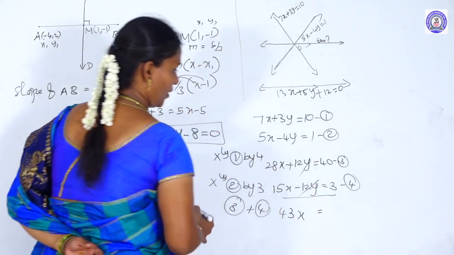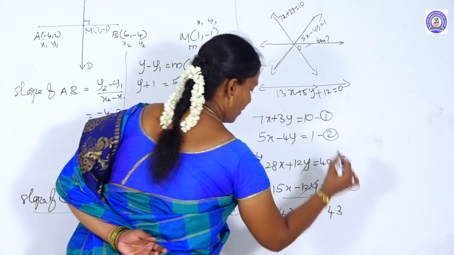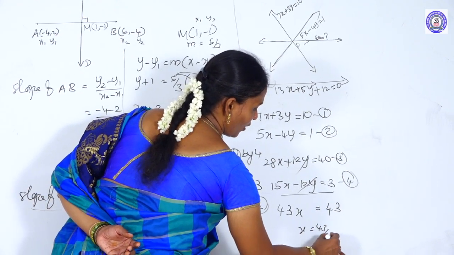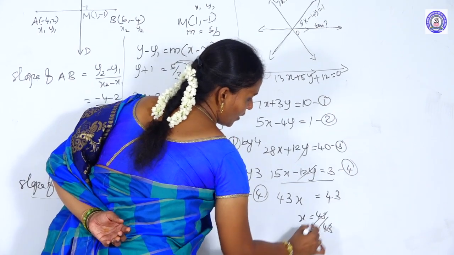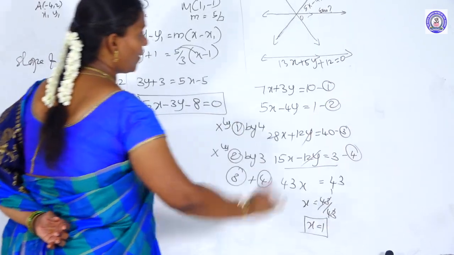This is equal to 40 plus 3 is 43. So x is equal to 43 by 43, the 43s cancel, so x is equal to 1.